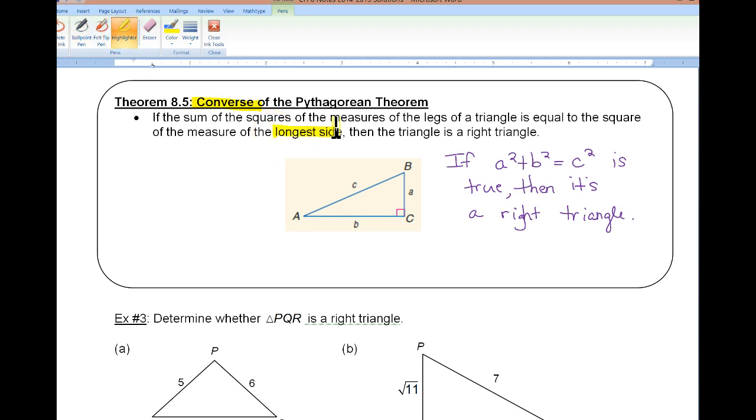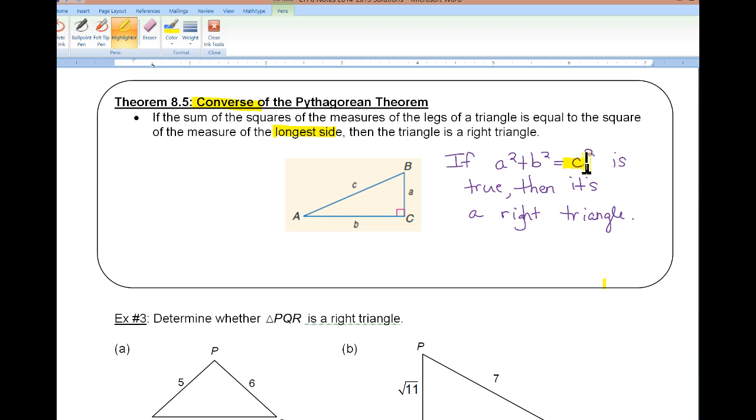Just note that c has to be the longest side. So if that's true, then it has to be a right triangle. If it's close, but not equal, it doesn't count. And it's not going to be a right triangle.